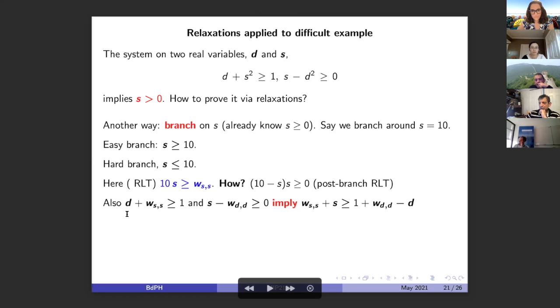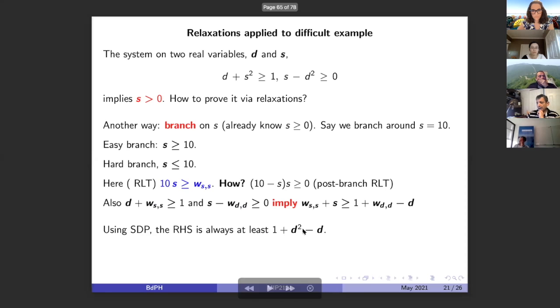Now we're going to do something like what we did before. This is the RLT version of the first quadratic, and this is the RLT version of the second quadratic. And now by linear algebra, no need to actually add these two inequalities, but linear algebra implies this. So every vector that satisfies these two RLT inequalities also satisfies that. We don't have to sum them as we were doing in the prior slide.